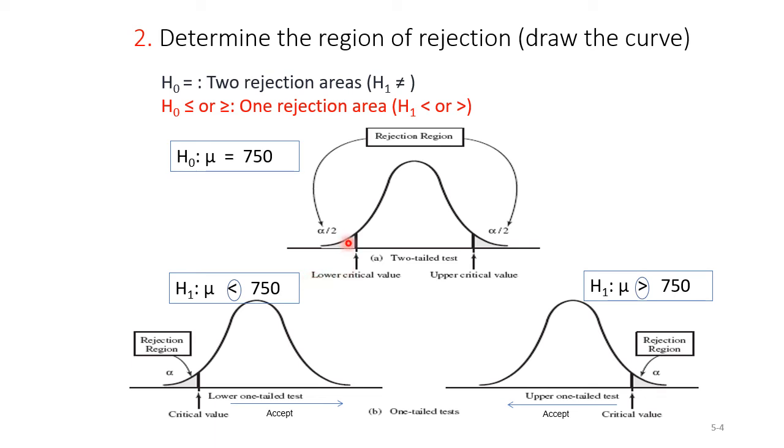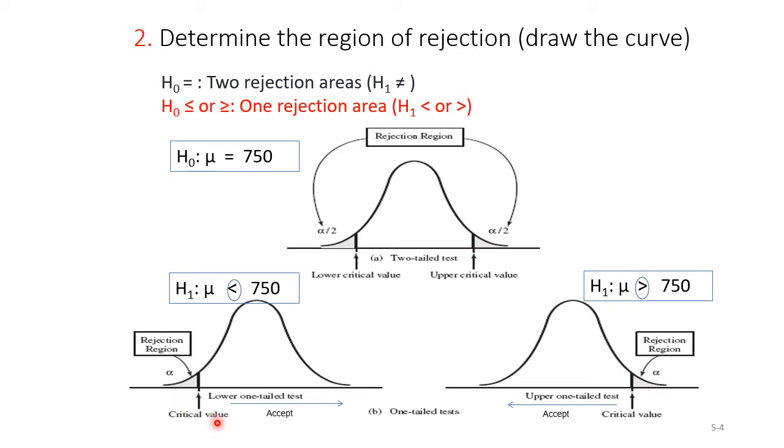So it's on the far left and on the far right. Then when you look at less than in the alternative hypothesis, it means that the rejection area is in the negative, so it's the less side.